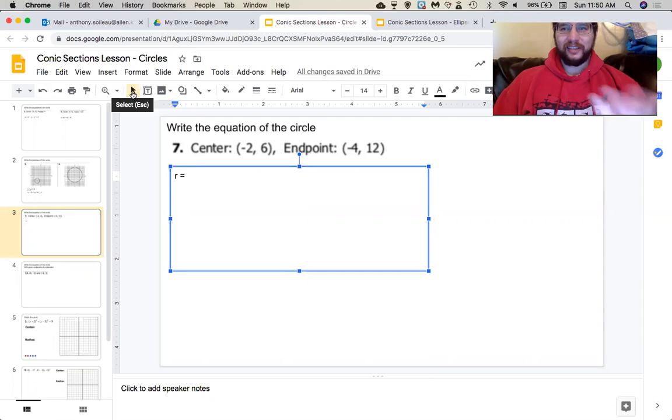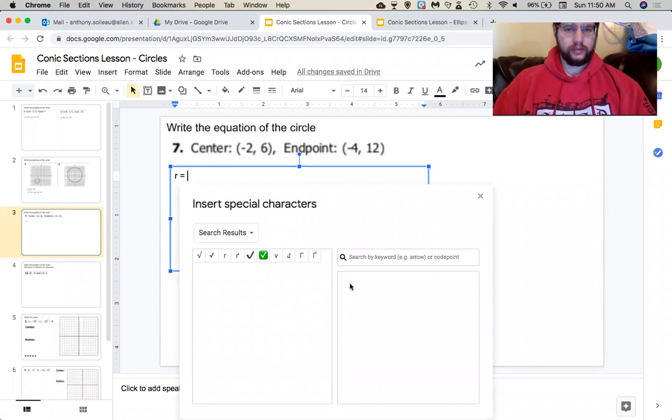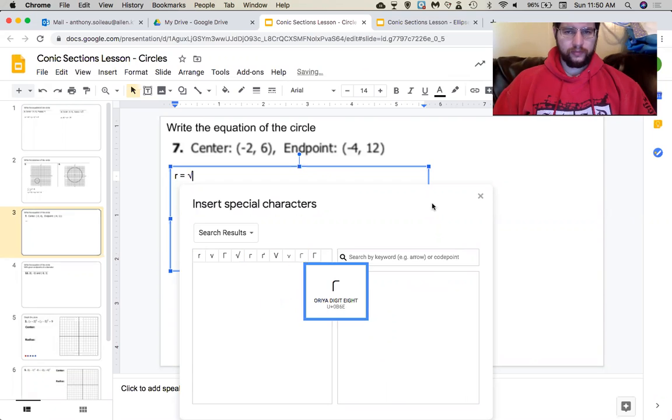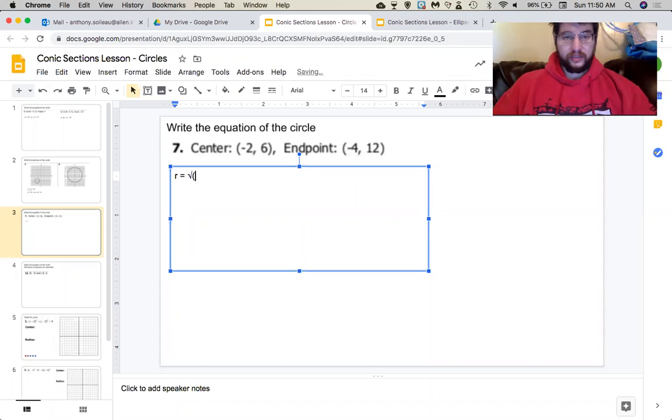So again, yeah, don't need to show me your work, but if you want to, you could insert a character, draw a square root symbol, and there it is. So square root, I'm gonna use parentheses because that's what I got. So I'm gonna use another parenthesis for my x's.